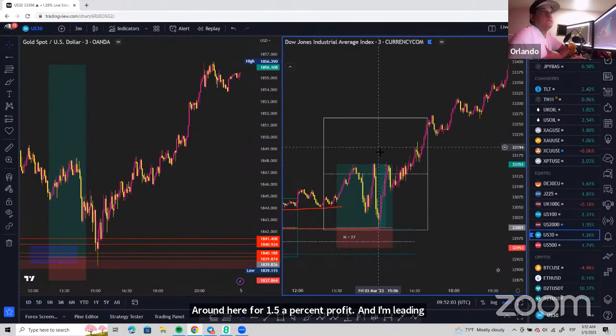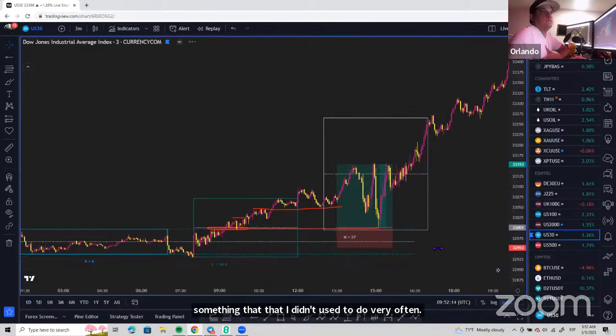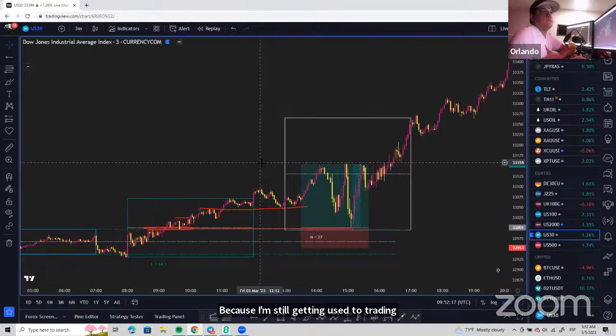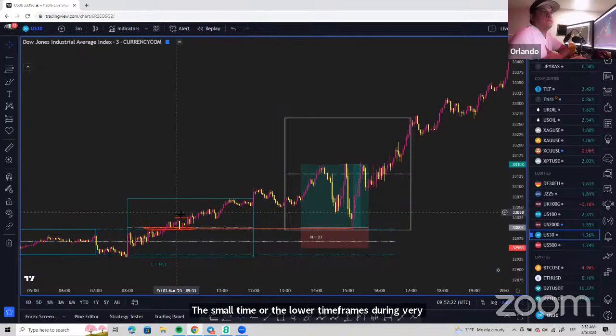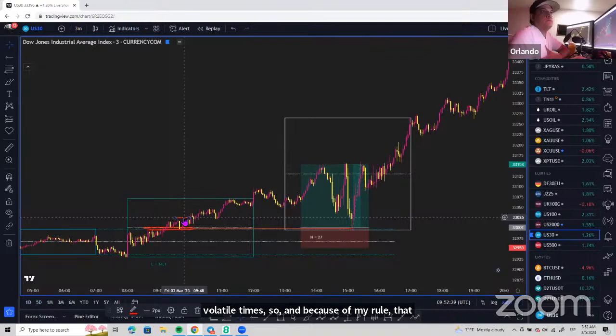That's something that I didn't used to do very often, because I'm still getting used to trading the lower time frames during very volatile times. And because of my rule that when my trade runs at 1.5R or 1.75R, I take 1R off and move my stops to break even.